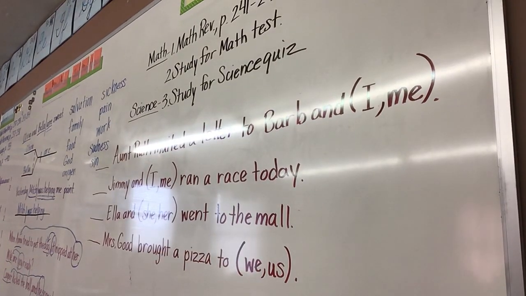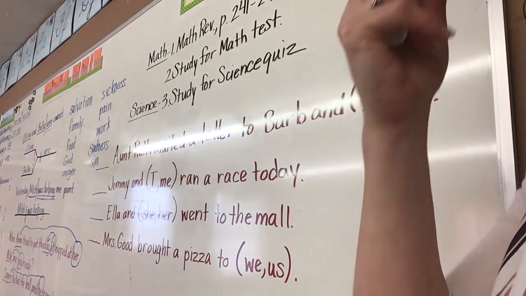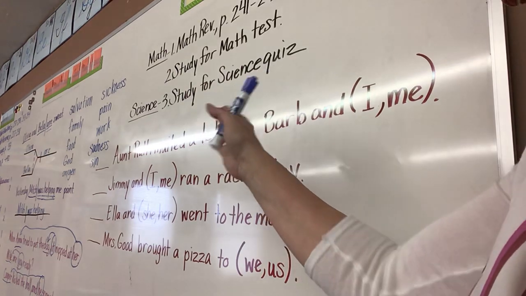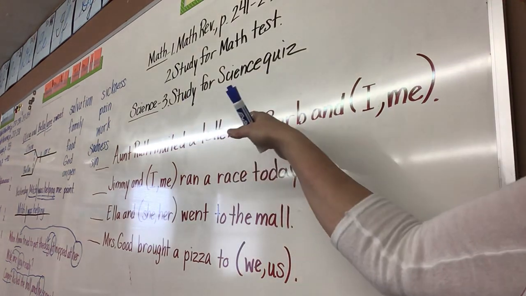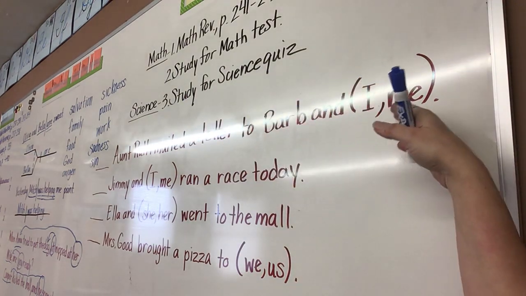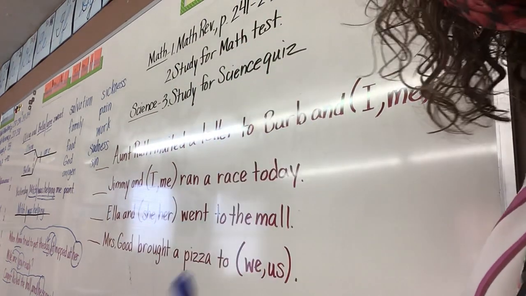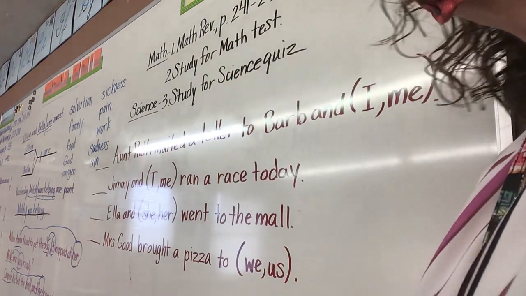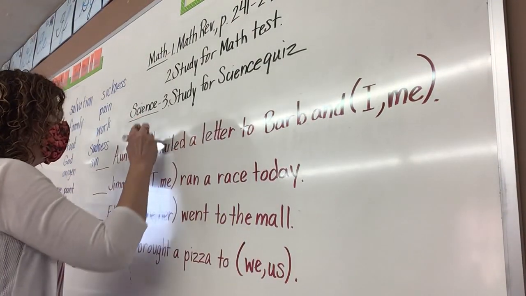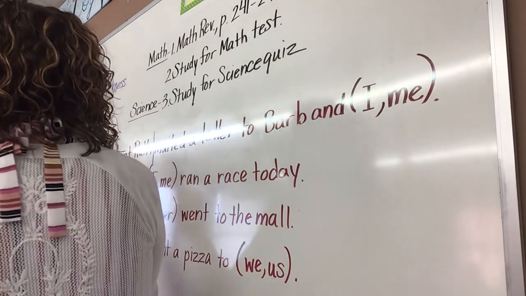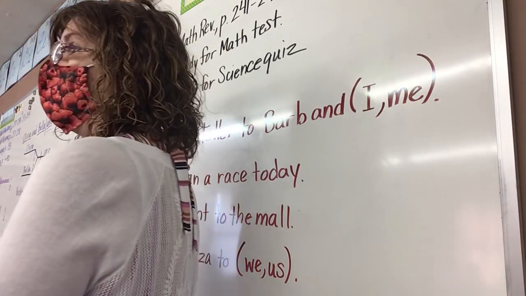All right, the first sentence, read it with me, says, everybody look at the sentence, please. Aunt Ruth mailed a letter to Barb and I or me. All right, so the first thing we can do is to divide it. So where are we going to divide it? After Aunt Ruth. And then you're going to say, what's the verb?